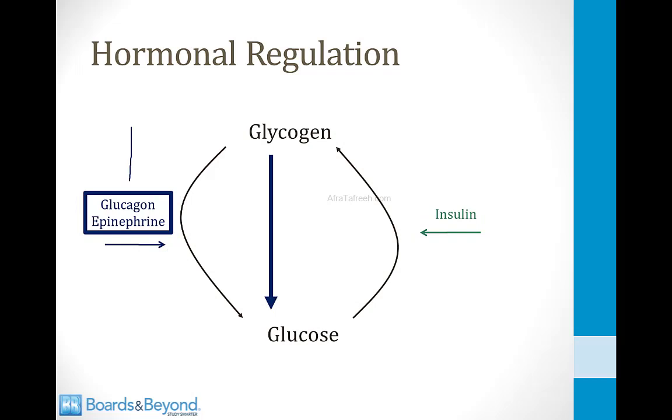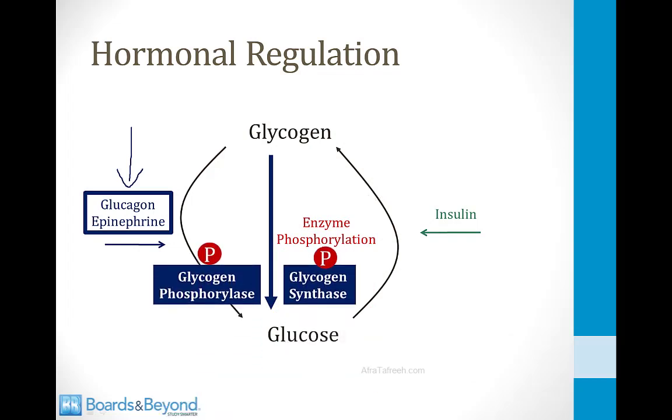So we'll start by talking about glucagon and epinephrine. And the way that glucagon and epinephrine influence the process of glycogen breakdown is through enzyme phosphorylation. Specifically, these two hormones result in the phosphorylation of both glycogen phosphorylase and glycogen synthase. What's confusing is the phosphorylation has opposite effects on the two enzymes.